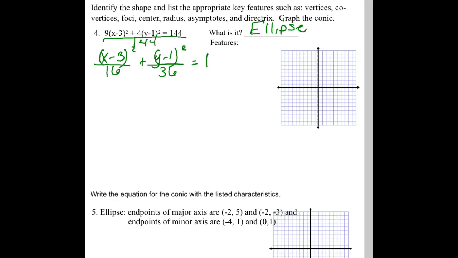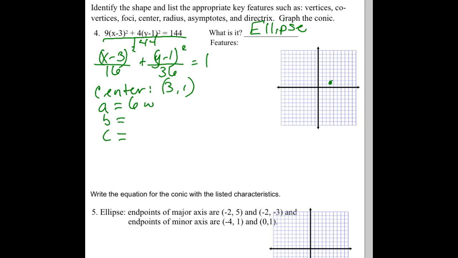Key features for an ellipse, we need vertices, covertices, and foci, right? And the center point. So my center based on my equation is what? 3, 1. Okay. And how about A, B, and C? What's A?